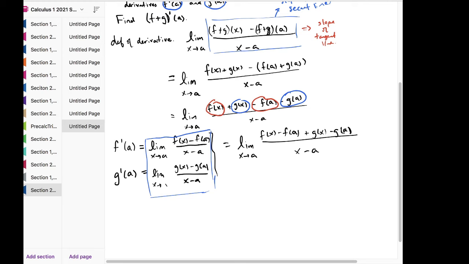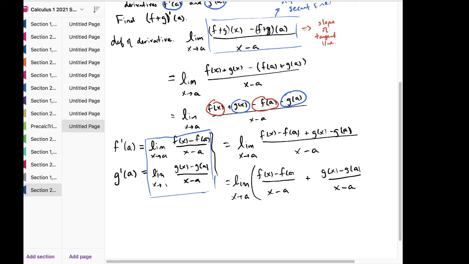Yeah, so I want to rearrange fractions. And how do you do that? Just by splitting it up. So f of x minus f of a over x minus a. Then group that alone, and then g of x minus g of a over x minus a.